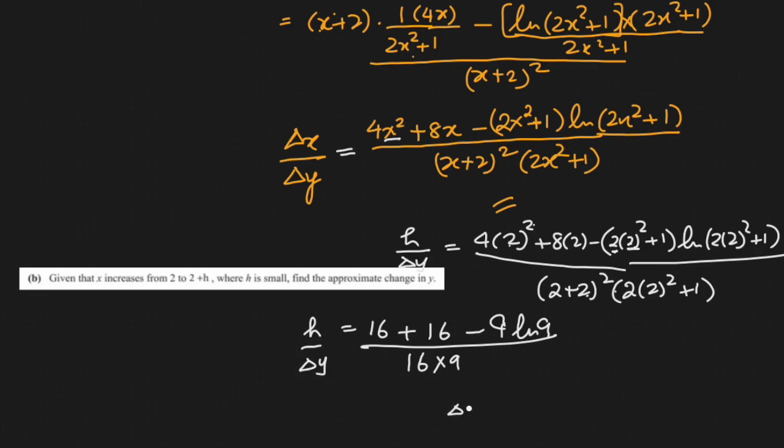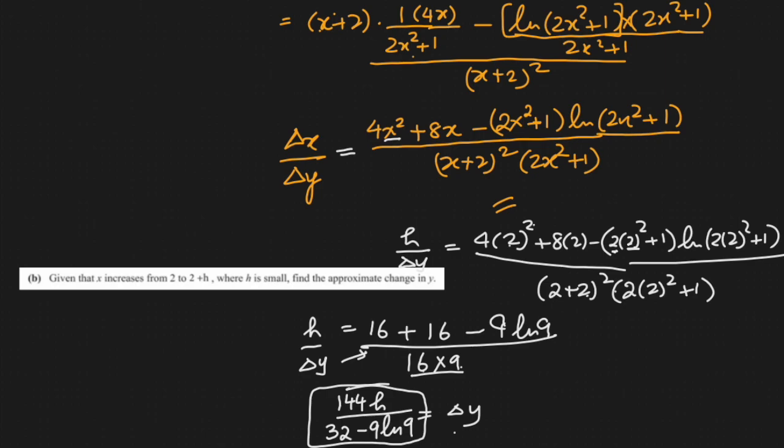So I'll bring delta y to the other side by cross multiplication. H will remain where it is. However, this will cross multiply with h. So 16 times 9 is 144. And this 32 minus 9 natural log 9 will come down. So this is delta y. This is the change in y when x is 2 and there is a small change of h.